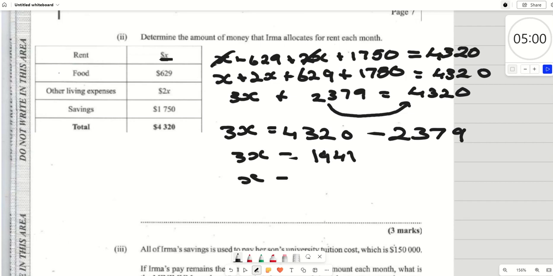And you want x by itself. So you carry across, multiply by 3, and that is going to turn to divide by 3. So 1,941 divided by 3, you're going to get rent is equal to x, which is $647. Alright, and that's how you would do this question.